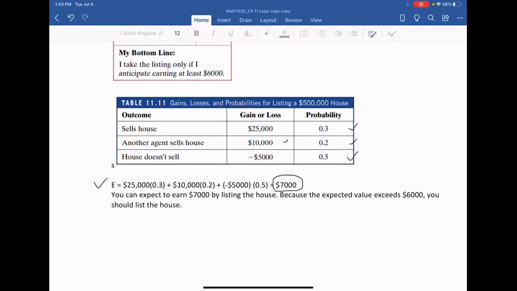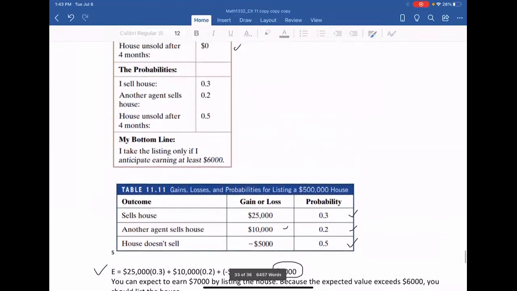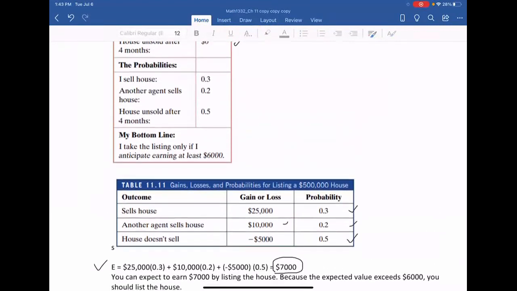So the tricky part of this question is that whether you sell the house, or another agent sells the house, or you didn't sell the house, you still need to pay $5,000.